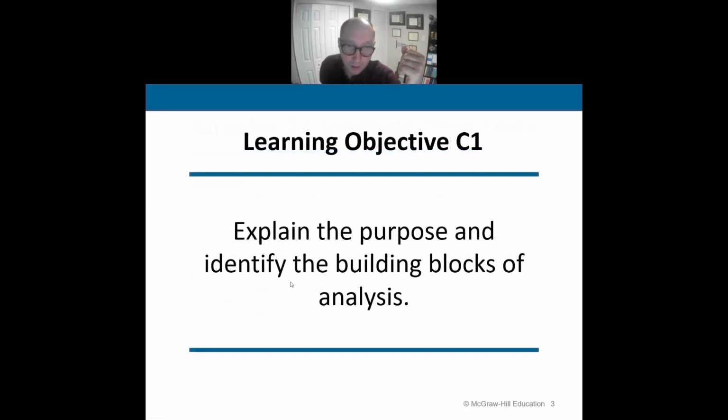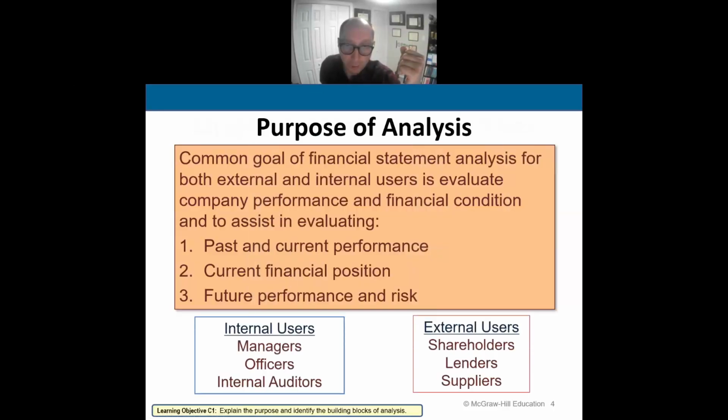So let's talk about why we analyze financial statements and who uses that kind of information. As you recall from Principles of Accounting 1, there are two types of users of information: internal users and external users.